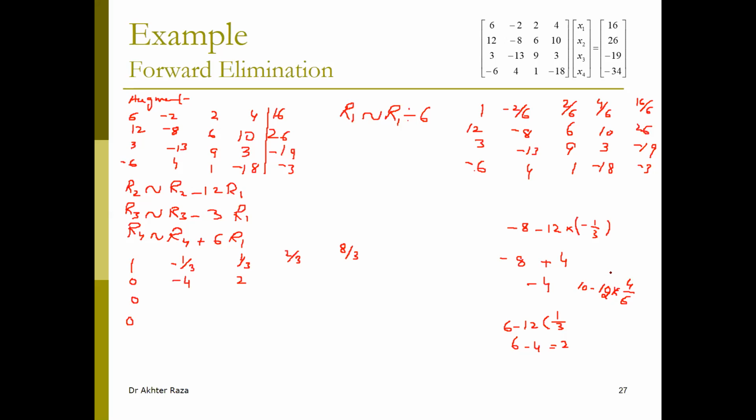So 6 2s are 12, 4 2s are 8, 10 minus 8 is equal to 2. So this is equal to 2.